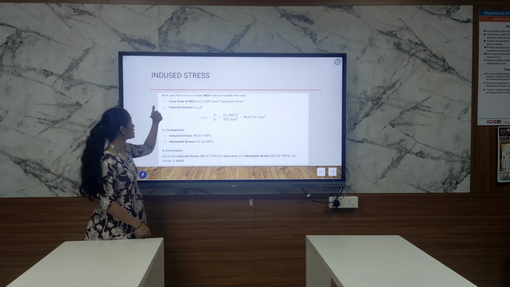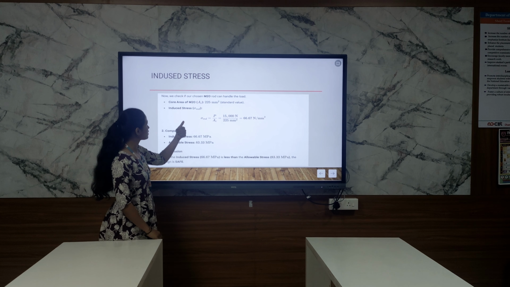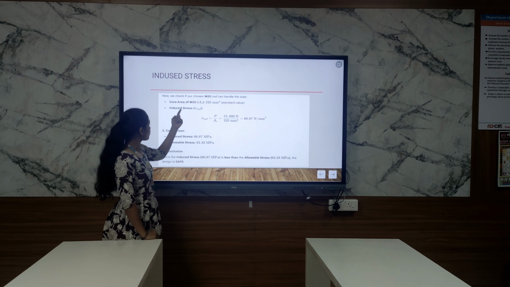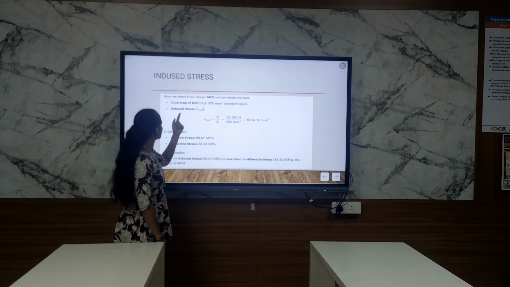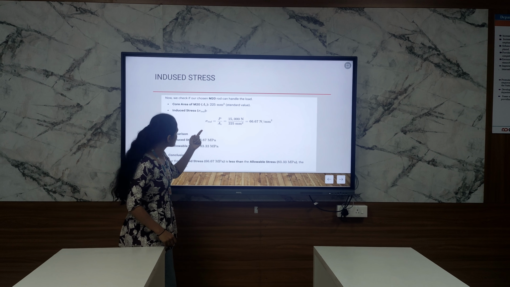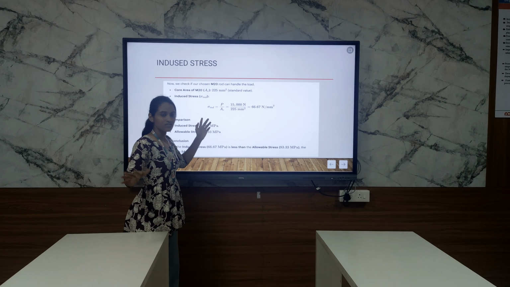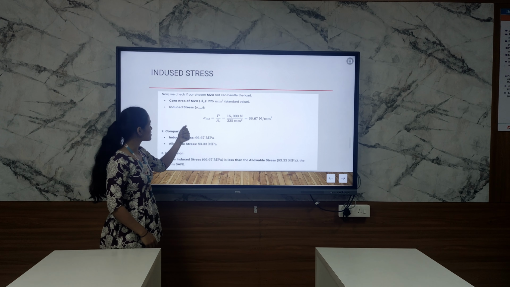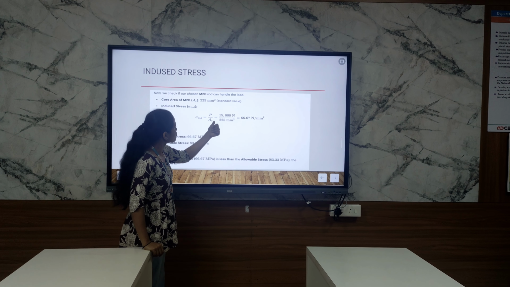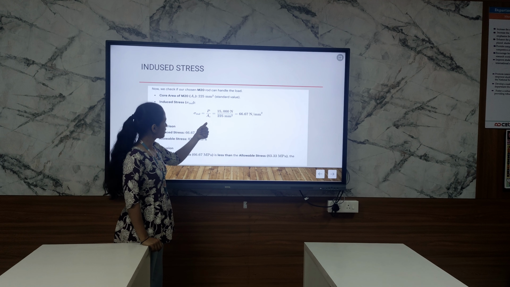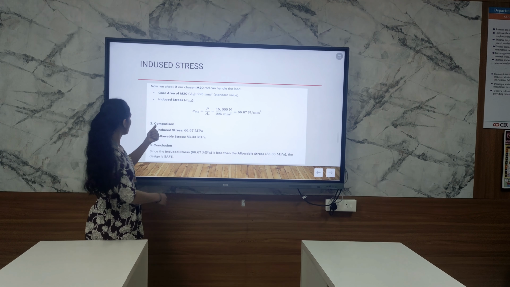Today I am going to represent induced stress. Now we check if our chosen M20 rod can handle the load. Core area of M20 is 225 mm². Induced stress sigma = P/A = 50,000 Newton/225 mm² = 66.67 N/mm².